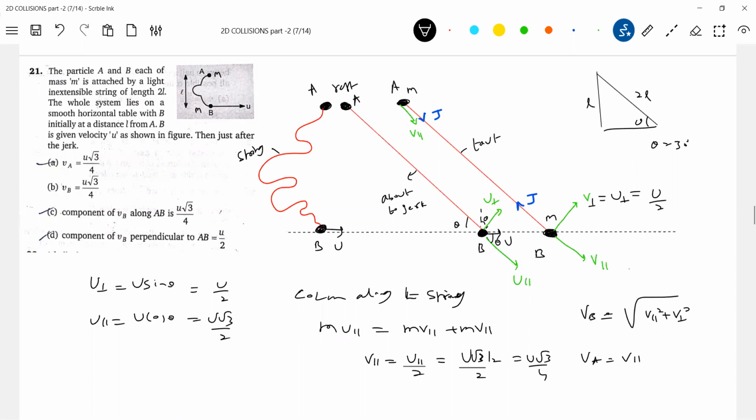Now, I'll ask you some very good questions. This is the initial situation and this is the final. Let's calculate energy. Initial energy is how much? m u square by 2. Final energy is m V_A square by 2 plus m V_B square by 2.